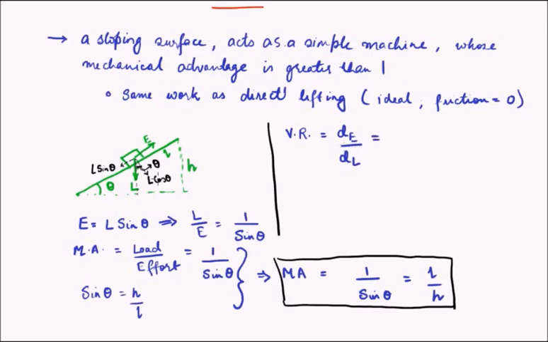The distance the effort moves is the whole length of the plane from here to here, that is L. And what is the distance that the load moves? The load moves from the bottom to the top. Since the load is in this direction, we have to consider the movement along this direction. So the movement is from here to here, that is h. So the velocity ratio turns out to be L upon h too.